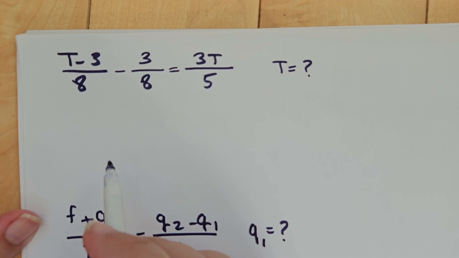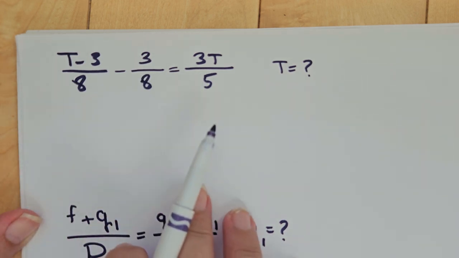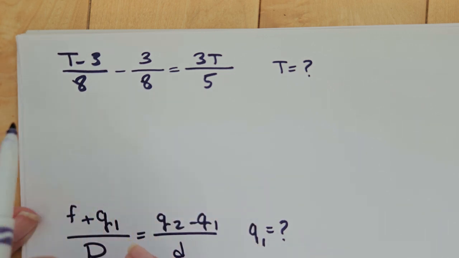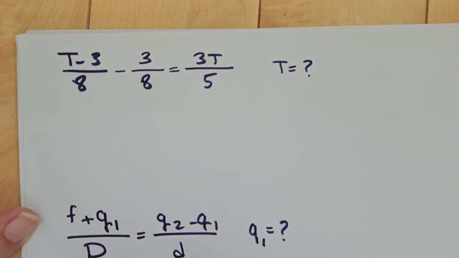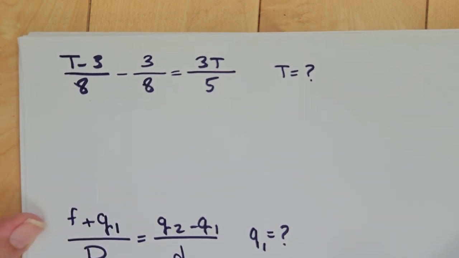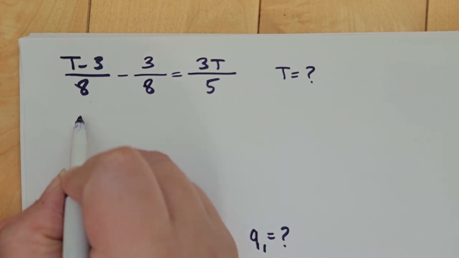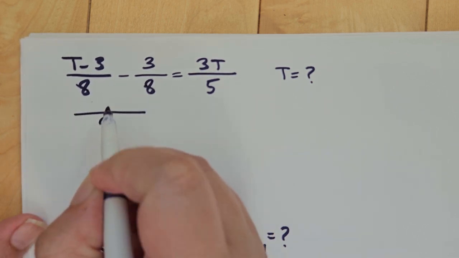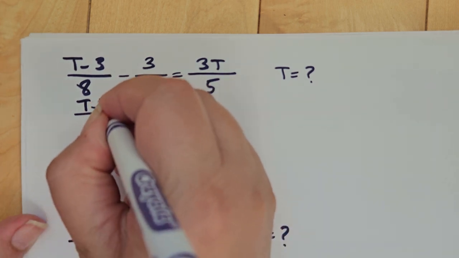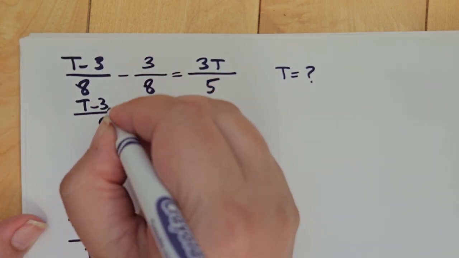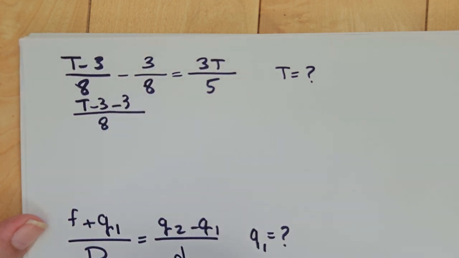What we have to do, let's see, we have 1, 2, 3 fractions, right? I can consider these two together because they have the same denominator, which is 8. I can add these two together to make it a little bit simpler. So that would be t, and negative 3, and then I have a negative 3 here, so that would be t minus 6.